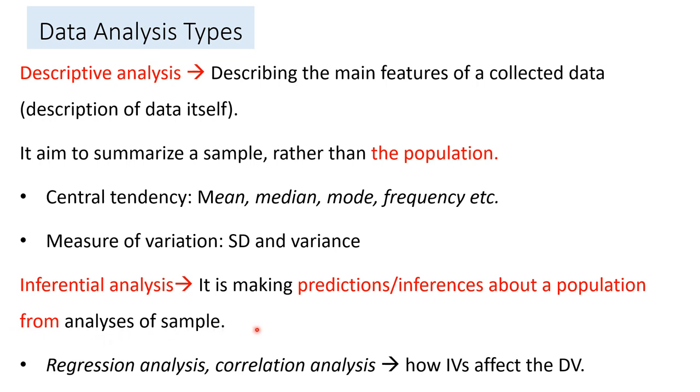Based on the analysis of the sample, we can generalize to the larger population that the sample is drawn from. So using inferential analysis, we can conduct regression analysis and correlation analysis to know the cause and effect relationship between the independent variable and the dependent variables.